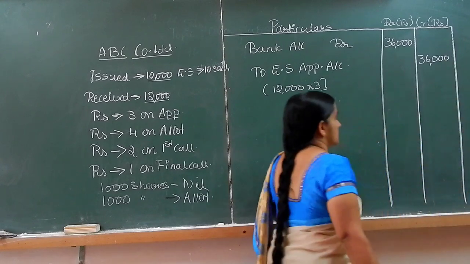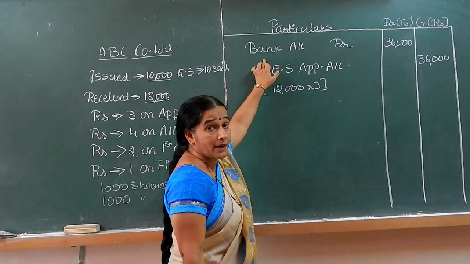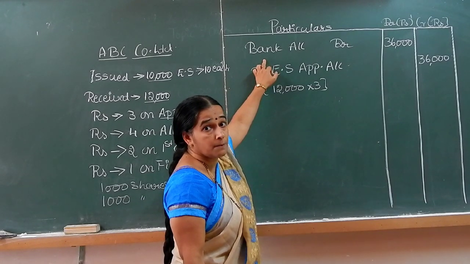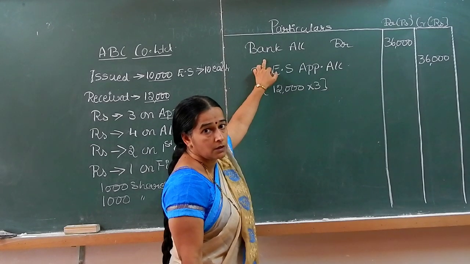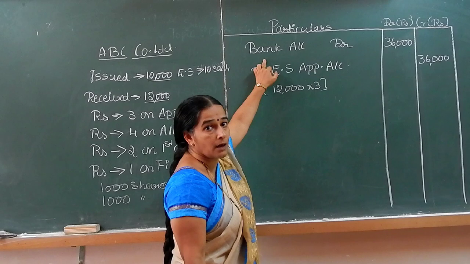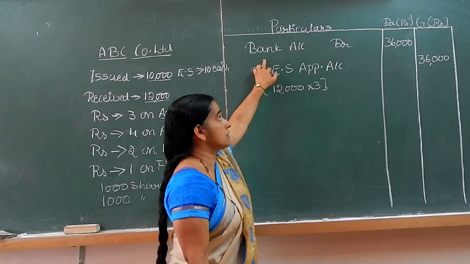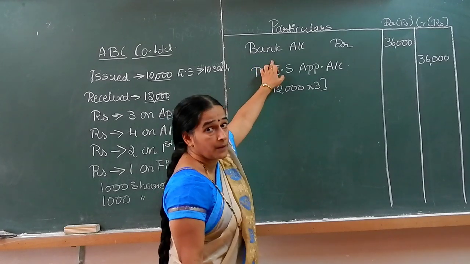Why is bank debited? Because bank is the receiver of the benefit when the payment is made in the form of cheque. The applicants paid application money by cheque, so the bank is the receiver of the benefit.